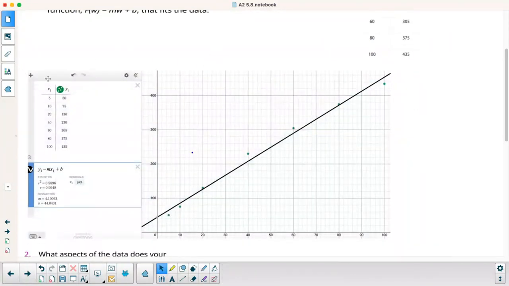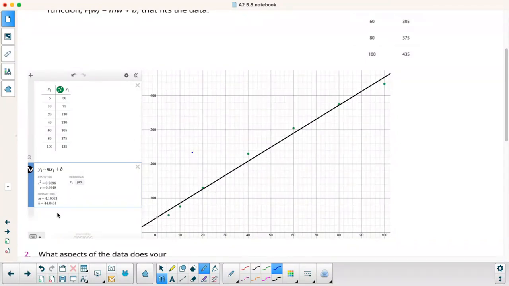All right, so here's my table. Now, if I want to get a linear function on Desmos, I'm going to use this feature here. I'm going to type in y1 because that's what my table has. And then I'm going to say mx1 plus b. But instead of equals, I use that little squiggly symbol there, the tilde. And that's my line of best fit there.